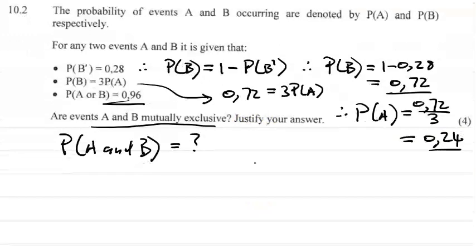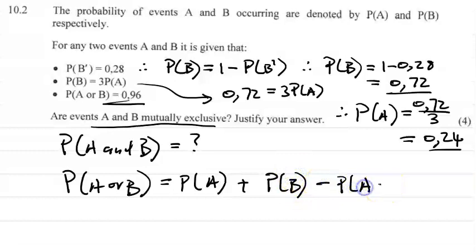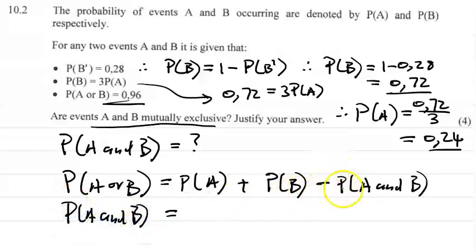So once again, we're going to use the addition rule to solve for P of A and B, which is going to be as follows. Probability of A or B is going to equal the probability of A plus the probability of B minus the probability of A and B. So let's solve for the probability of A and B. I'm just bringing this minus P of A and B to the left hand side.